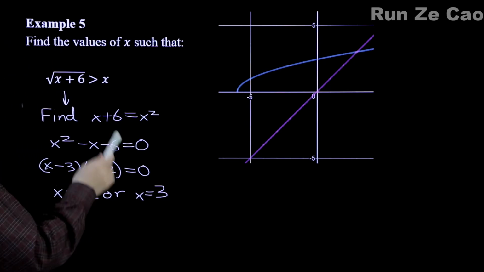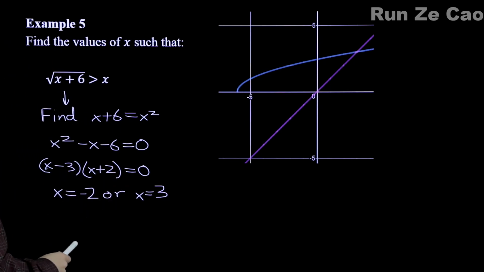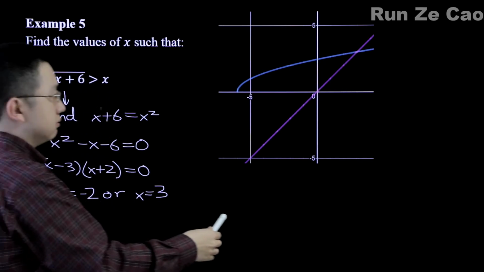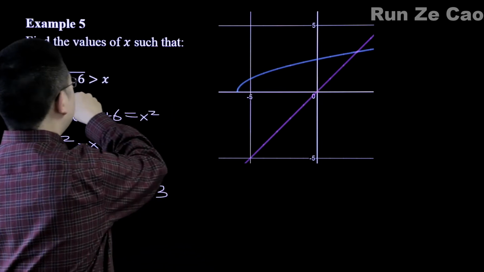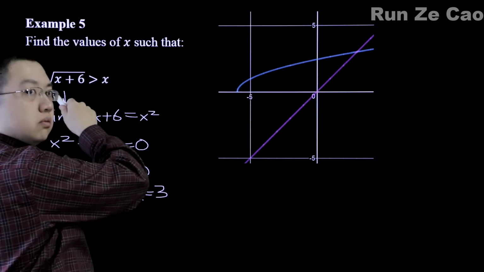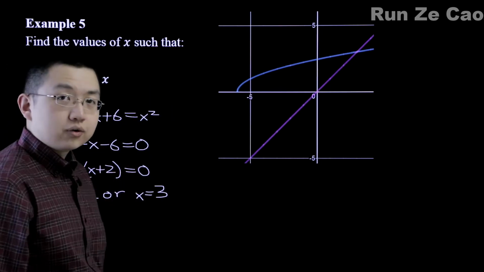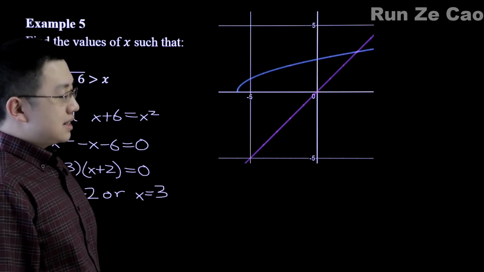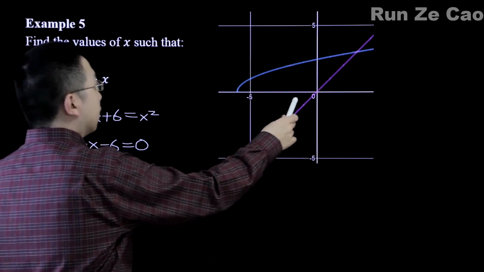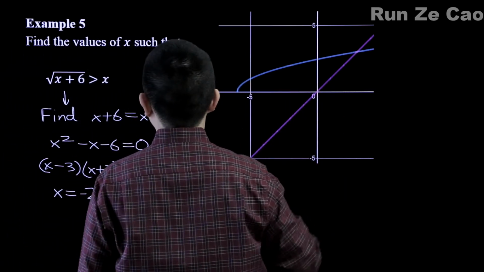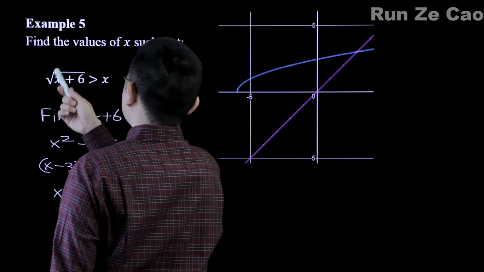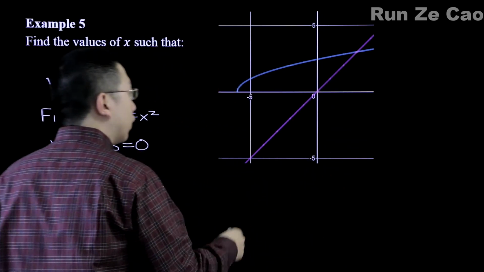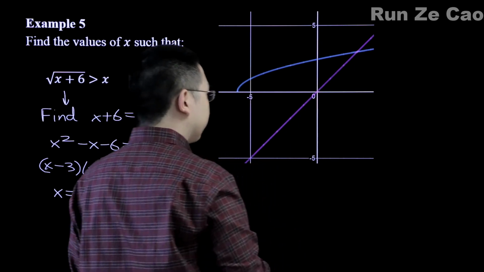So, first of all, we know very clearly that if x is less than 0, then we're going to have a positive value bigger than a negative value. I don't think this surprises any of us, yeah? So what about when x is bigger than 0? Well, at x equals 0, we have root 6 bigger than 0. Okay, that works. So what we're looking for is the point at which they converge.